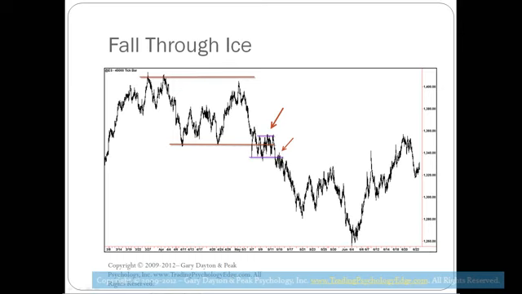Here I've really crunched this tick chart down, and this is fall through the ice. Now again, a Boy Scout story. Now this is a story of supply, where a Boy Scout is walking along a river, and it's wintertime and it's frozen, and he's walking along here and the ice supports him pretty well. He kind of wanders off and then comes back, and the ice supports him here.